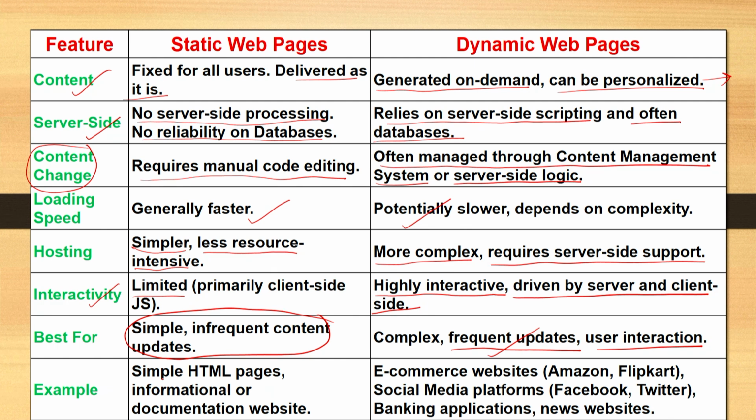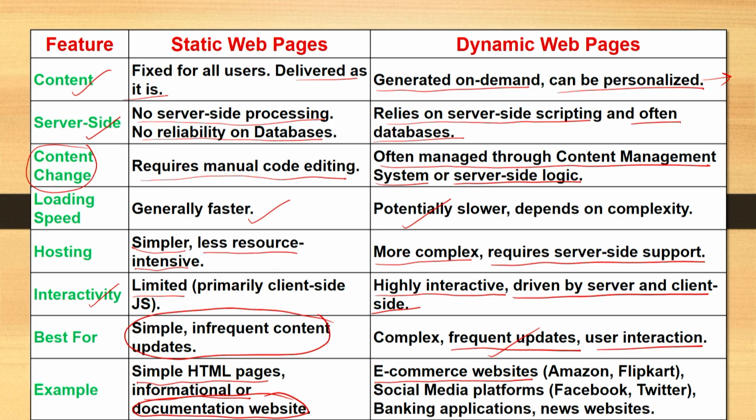Example of a static web page is a simple HTML page, that is an informational or documentation website, whereas dynamic web pages are the e-commerce websites that keep on changing and you can do the updates on it.